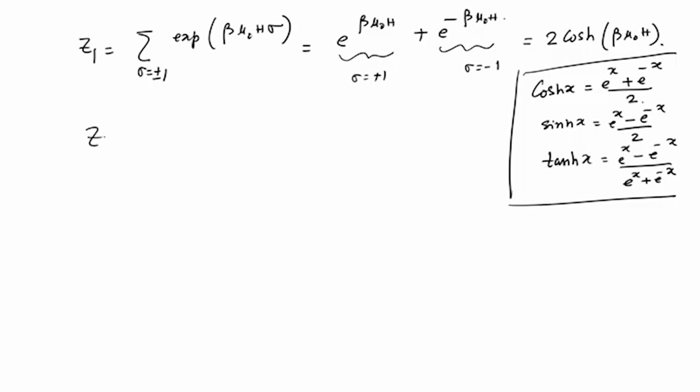easy. So, this Z is equal to Z1 to the power n, which is 2 to the power n, cos hyperbolic beta mu 0 h, whole to the power n. Okay.